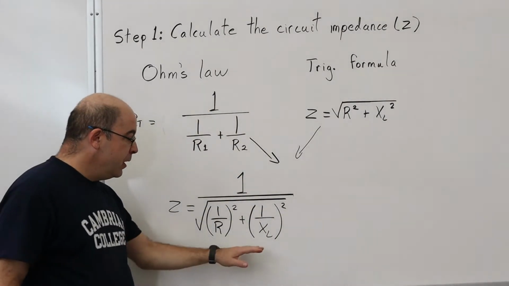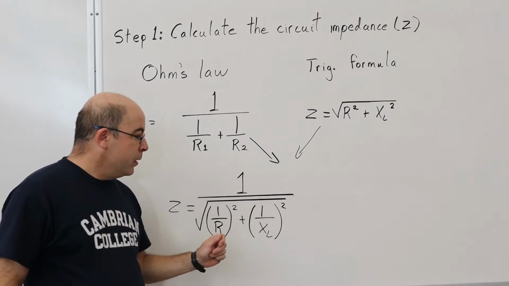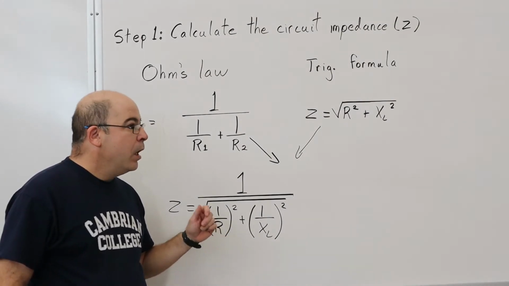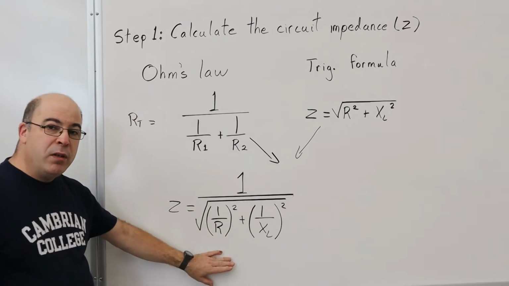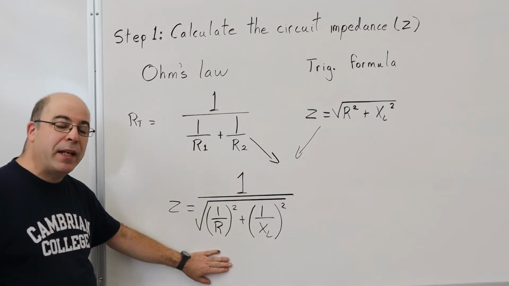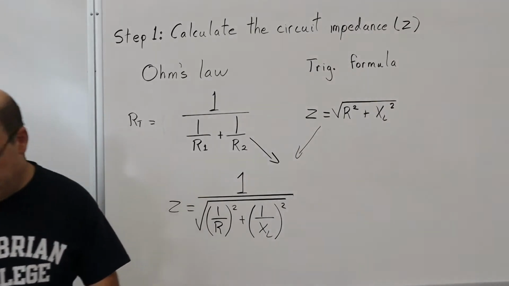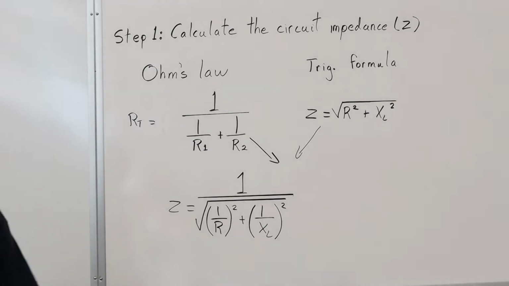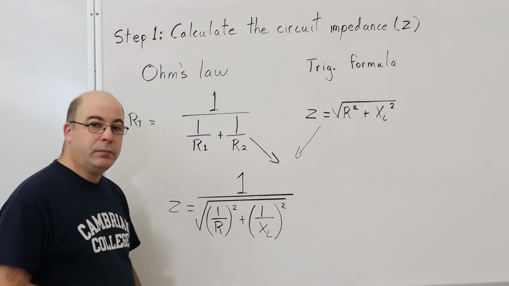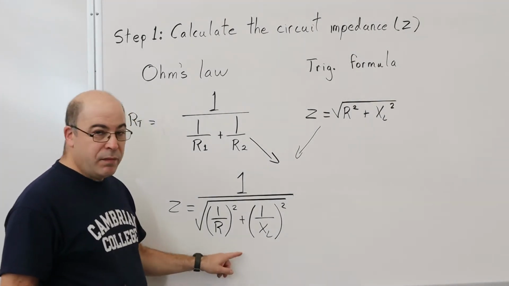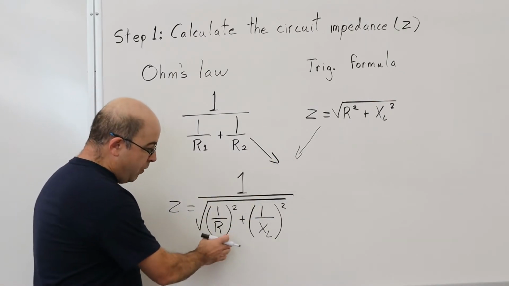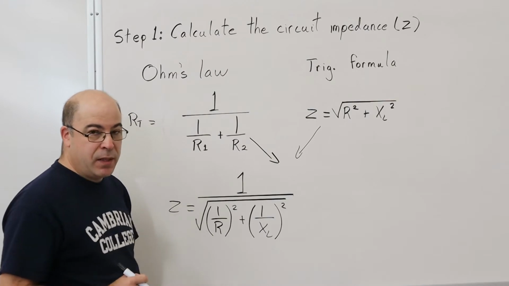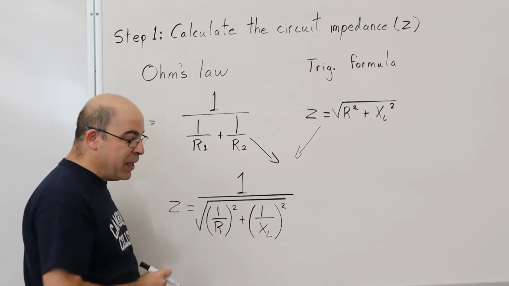I will be doing a detailed procedure of how to enter this formula into a calculator. Now, moving on from this, I'm going to move down the board, and we're actually going to put in our values and solve for the value of circuit impedance.